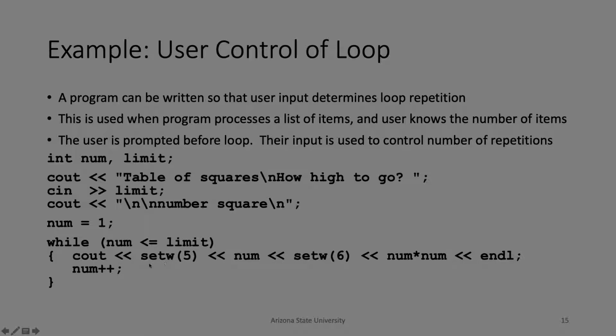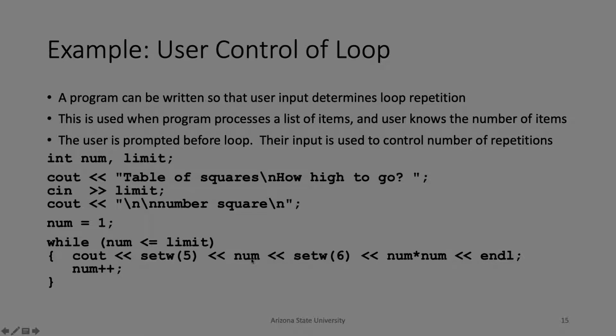There are actually some things in here that we haven't talked about because we skipped a chapter. Don't worry about this. All this is to print 5 spaces. So setw has something to do with printing the number of spaces to align numbers with.